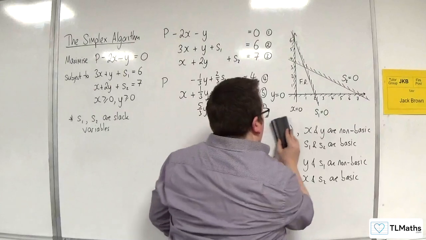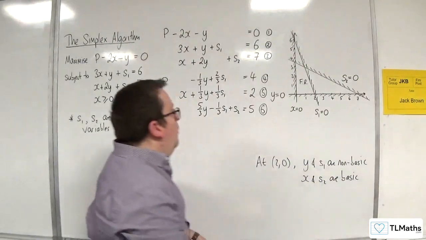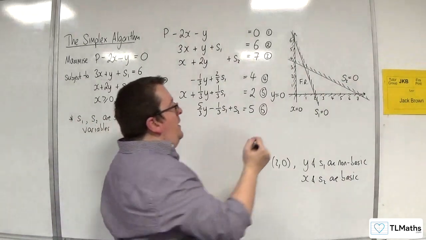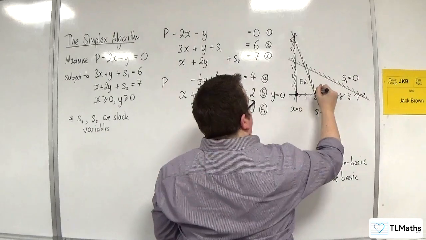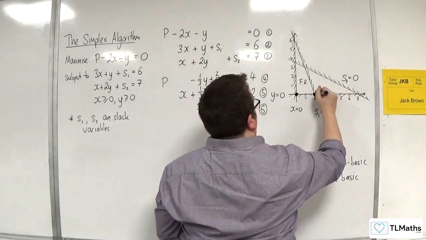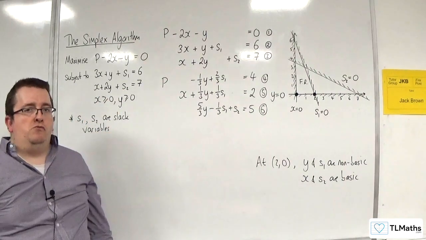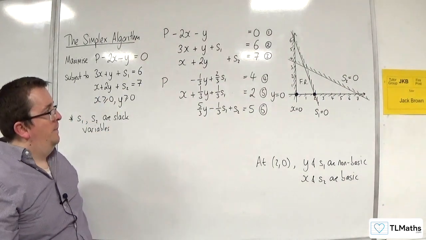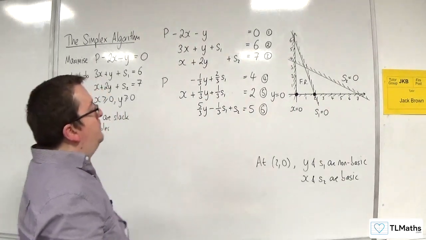So now, what has happened is we started at the origin. We are now at this point here. We have moved 2 units to the right in the feasible region. How do I know that that's what's happened?